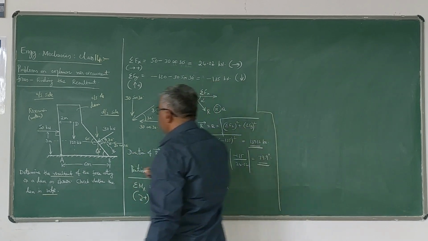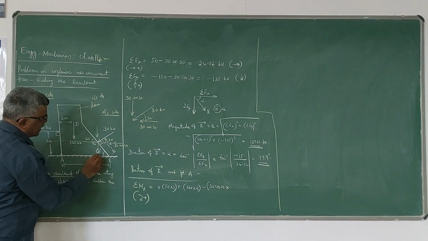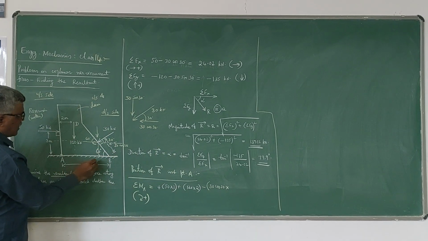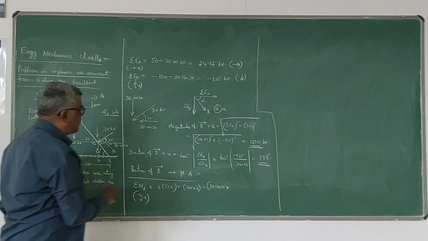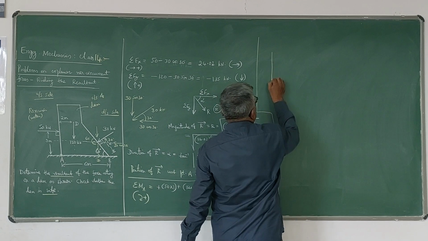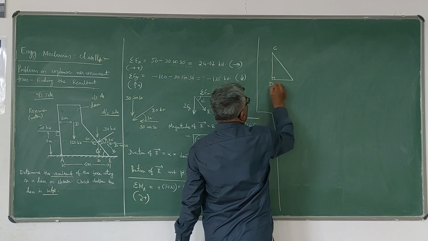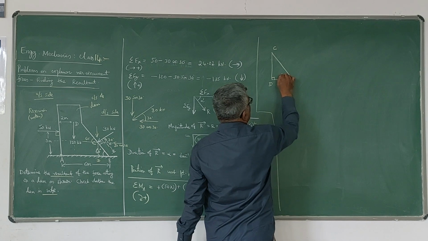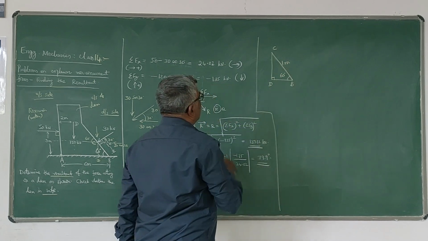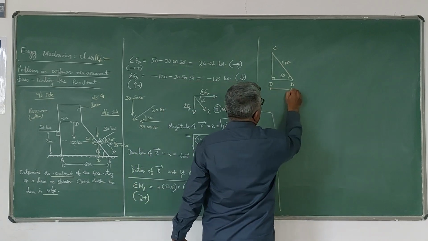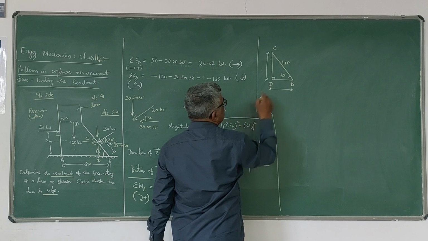This is point C, this is B, and let me take this as a point D. Now I consider triangle CDB, where this angle is 60 degrees and this side is 1 meter. Now I need these two distances. By taking the sine ratio and cos ratio, we can find these two distances.